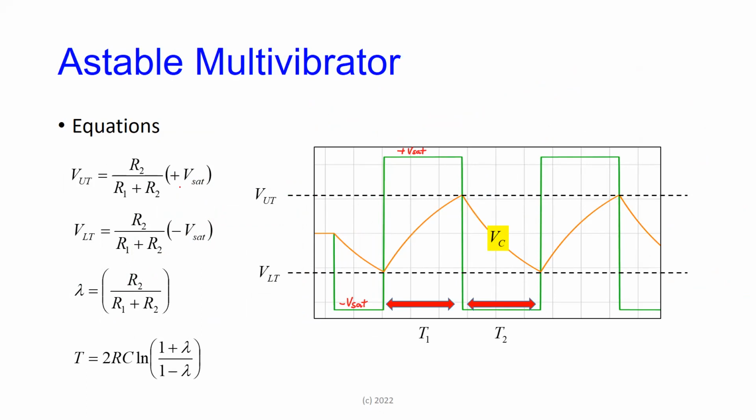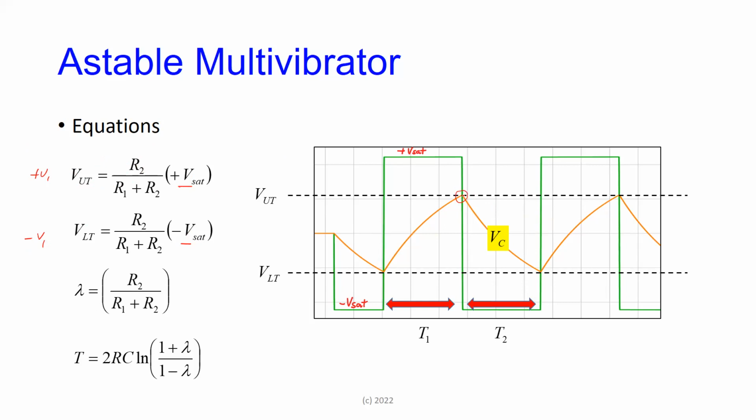The assumption is that Vsat is the same value, positive and negative, which it is for most amplifiers. The little values that I'm calling plus V1 and minus V1 actually have a terminology for them. The positive V1 is what you call the upper threshold value.